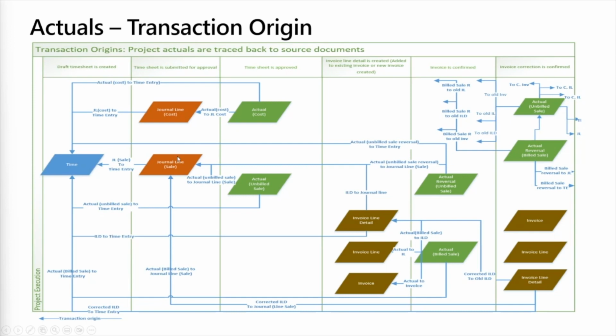And then the journal lines map to the time. Now, once timesheets are approved, we create the cost actual as well as the unbilled sale actual, and then we link everything together. So this unbilled sale is linked to the time as well as to the journal line.